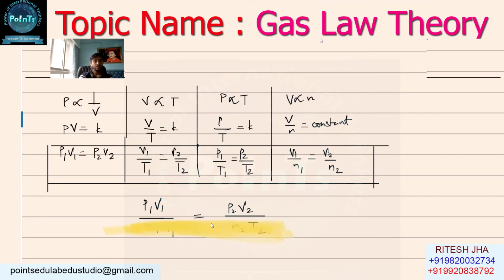When the pressure and the number of moles are constant, what we get is V1 over T1 equals V2 over T2, which is nothing but Charles's law. And when the volume and number of moles are kept constant, we get P1 over T1 equals P2 over T2, which is Gay-Lussac's law.